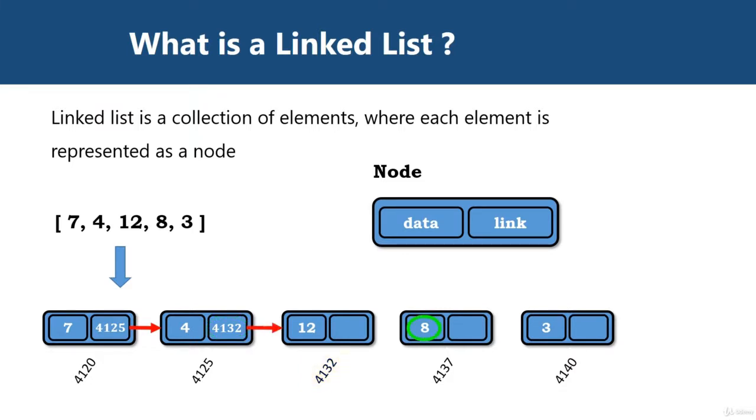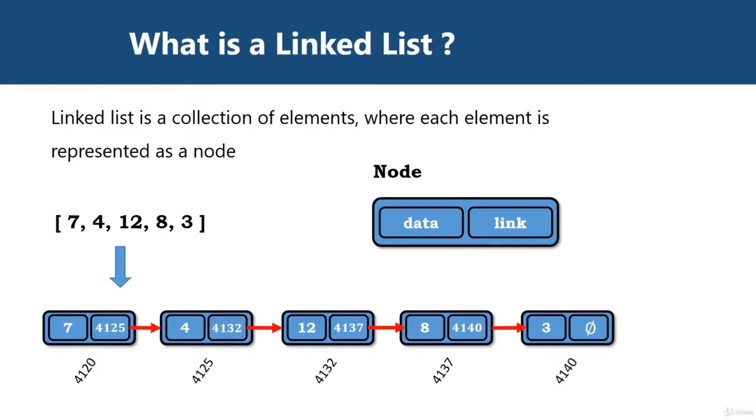And for element 8, whose memory address is 4137, is stored in the link part of node 12, as well as the element 3, whose memory address is 4140, is stored in the link part of node 8. And finally, the link part of node 3 will be null, since there are no more elements in the collection, and the node with element 3 is the last node.